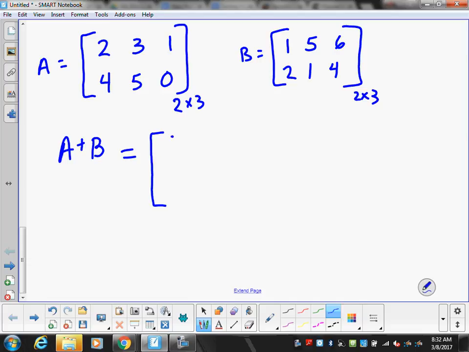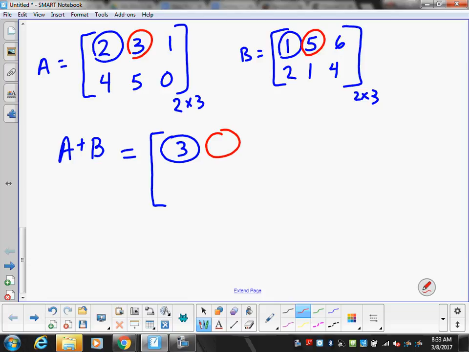And in this first spot, that's row 1, column 1, I'm going to add row 1, column 1 plus row 1, column 1. 2 plus 1 and get 3. Okay? In row 1, column 2, I'm going to add row 1, column 2 plus row 1, column 2 and get 8. Okay? For row 1, column 3, row 1, column 3 plus row 1, column 3 and I'll get 7.